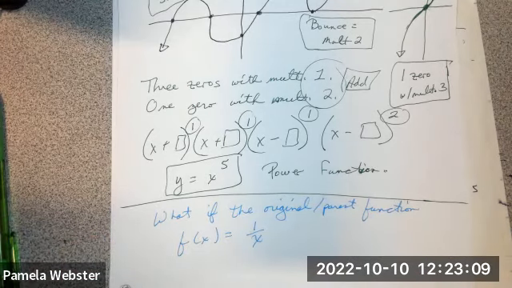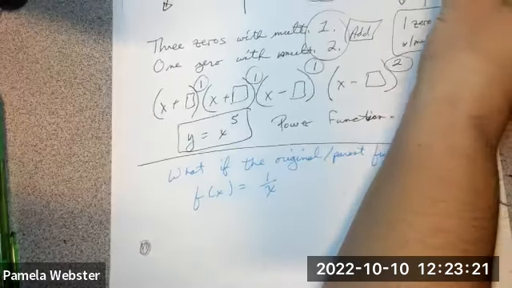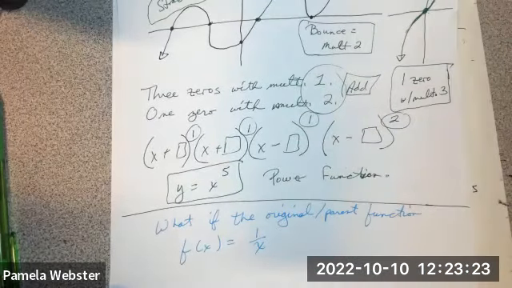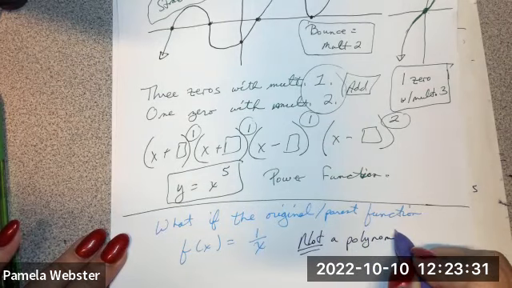What if that's what we came from? So this is a different parent function than what we've talked about before. It has the x on the bottom. Everything we've talked about so far was a polynomial. This guy we know is not a polynomial. Not a polynomial. But it is a function.